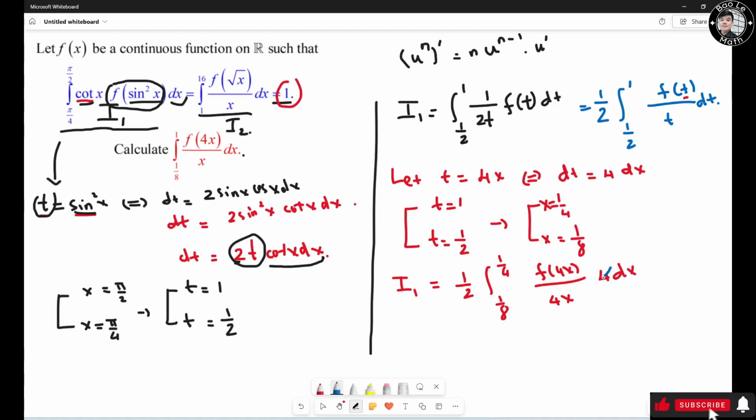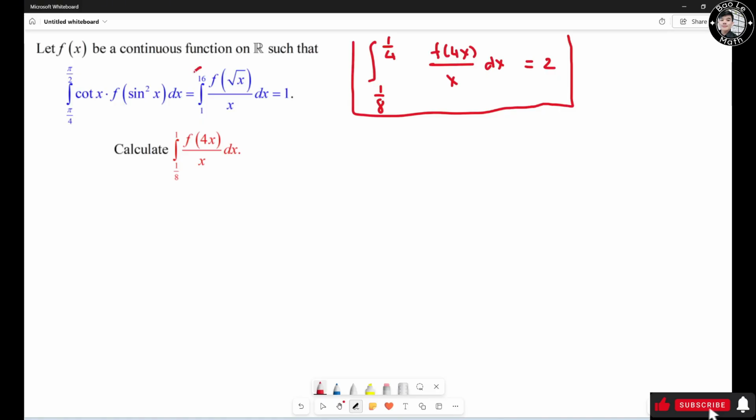Now I simplify. Multiplying both sides by 2, I have the integral from 1/8 to 1/4 of f of 4s over s ds equals 2 I1. But I1 equals 1, so it equals 2. So I just finished the first one.